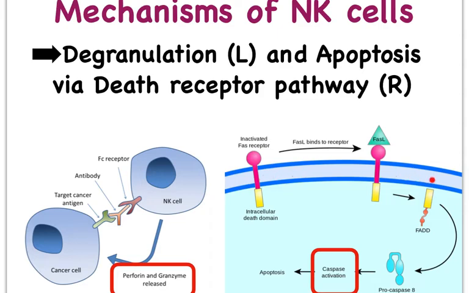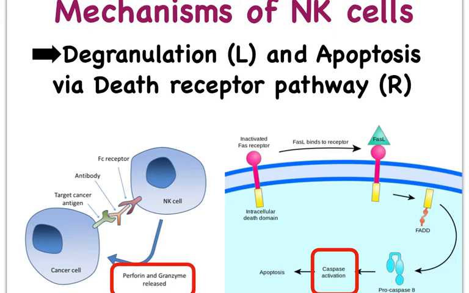Here's its cell membrane where Fas receptors are located. And what's going to happen is that the natural killer cell can release a ligand that can bind with the death receptor. And then, of course, that ultimately leads to the caspase enzymes to where apoptosis occurs, killing the host cell.